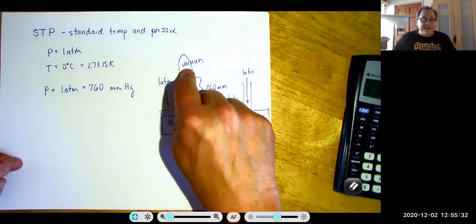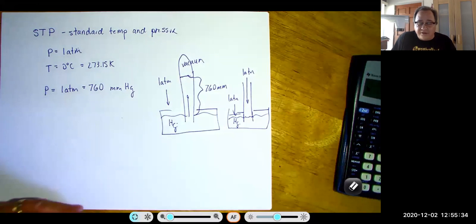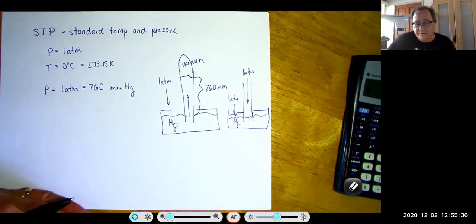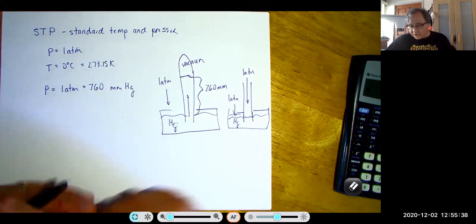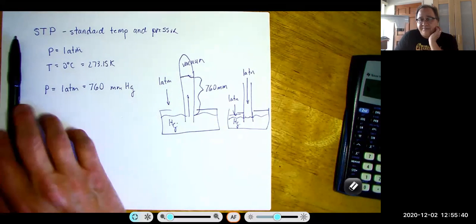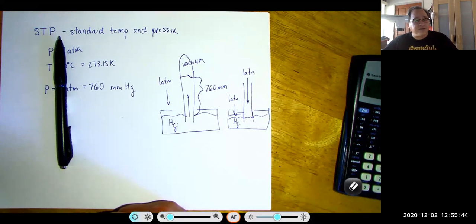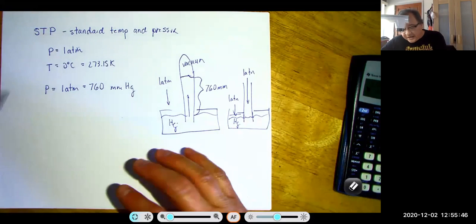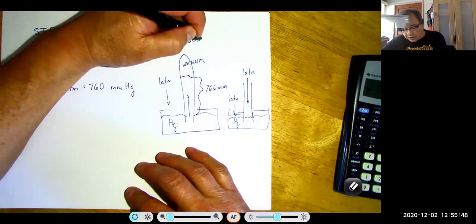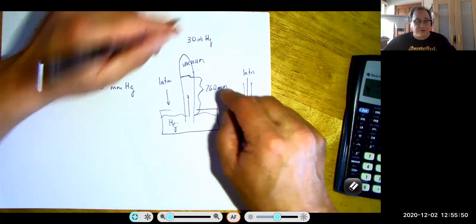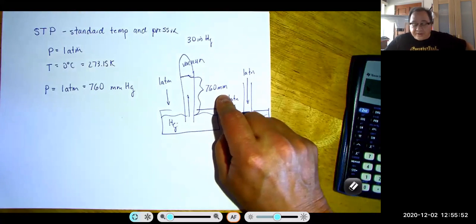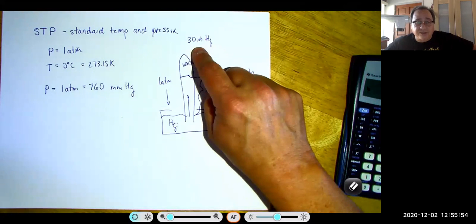And definitely if there's a vacuum in there, there is no pressure pushing down on the mercury. So this is the origin of 760 millimeters of mercury. You'll notice that TV stations, when they give you the barometric pressure, they give it to you in inches of mercury, not millimeters of mercury. And guess what 30 inches of mercury is approximately? If you guessed 760, you're right.